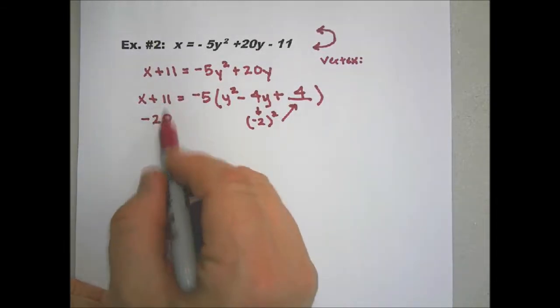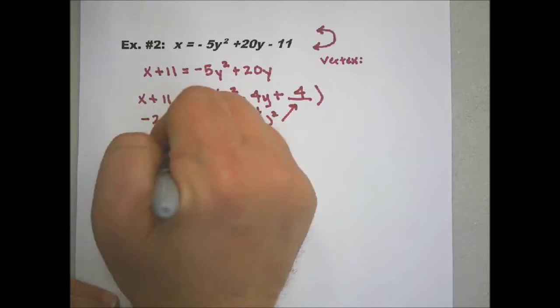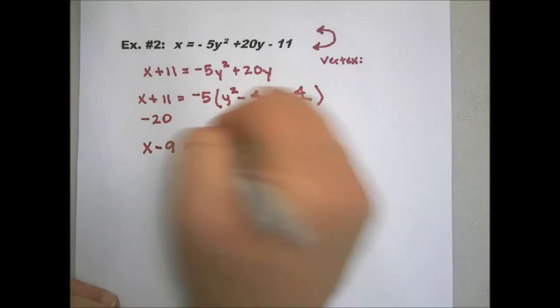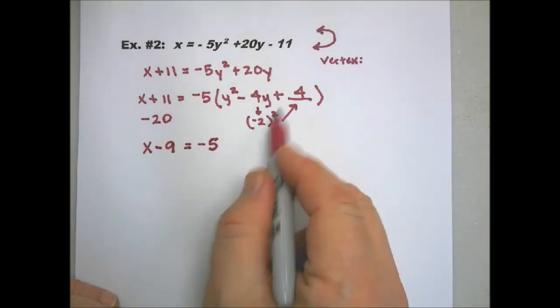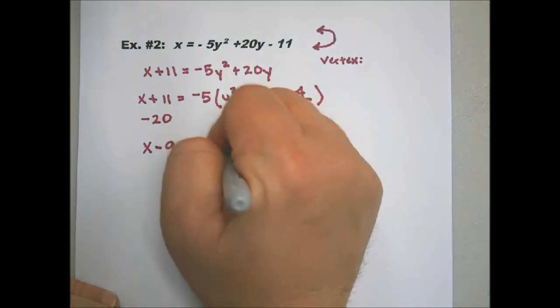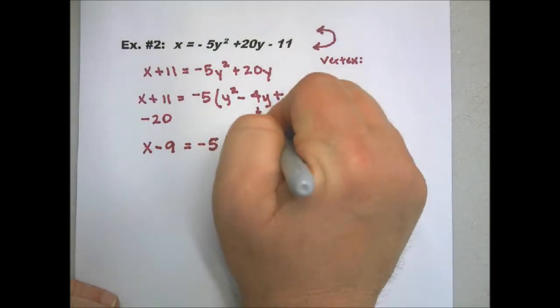Now, a positive 11 subtracted by 20 would be x minus 9 equals negative 5. Now I have formed a perfect square right here, and that perfect square is y minus 2 quantity squared.